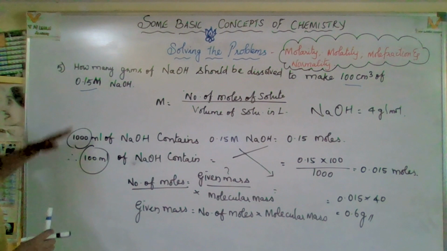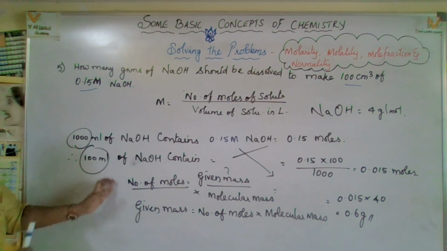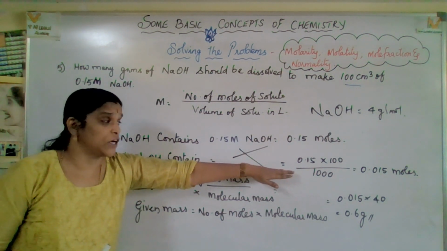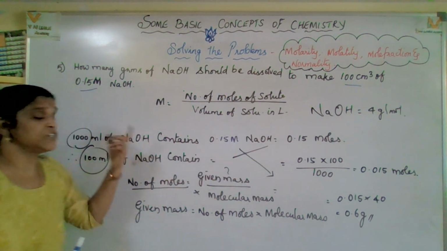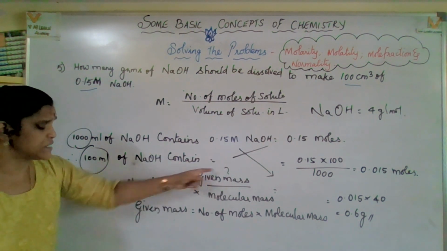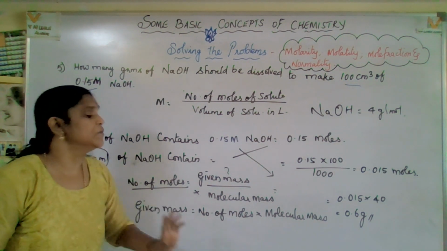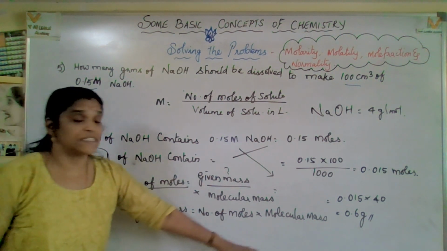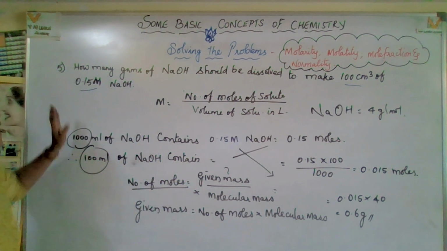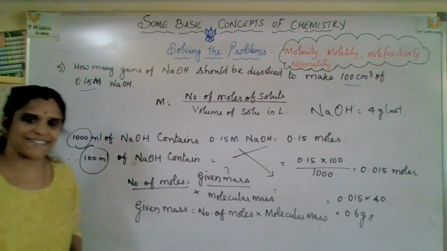Now next, 1000 ml contains this much, therefore 100 ml contains how much? So cross multiplication, you got the number of moles. Number of moles equals given mass by molecular mass. Given mass, we just bring it out, so number of moles into molecular mass, and that is your answer. I hope you got a clear idea how to analyze, if you are getting such kind of question.